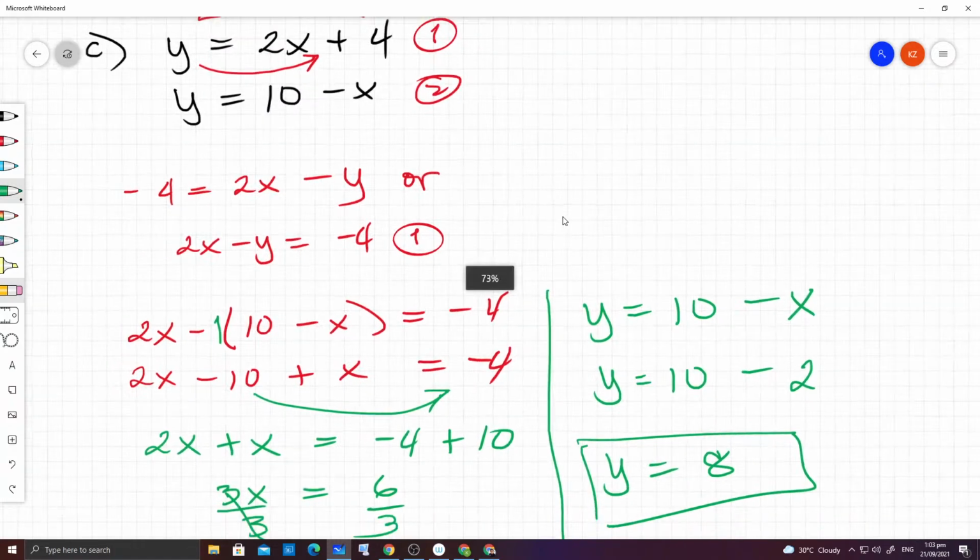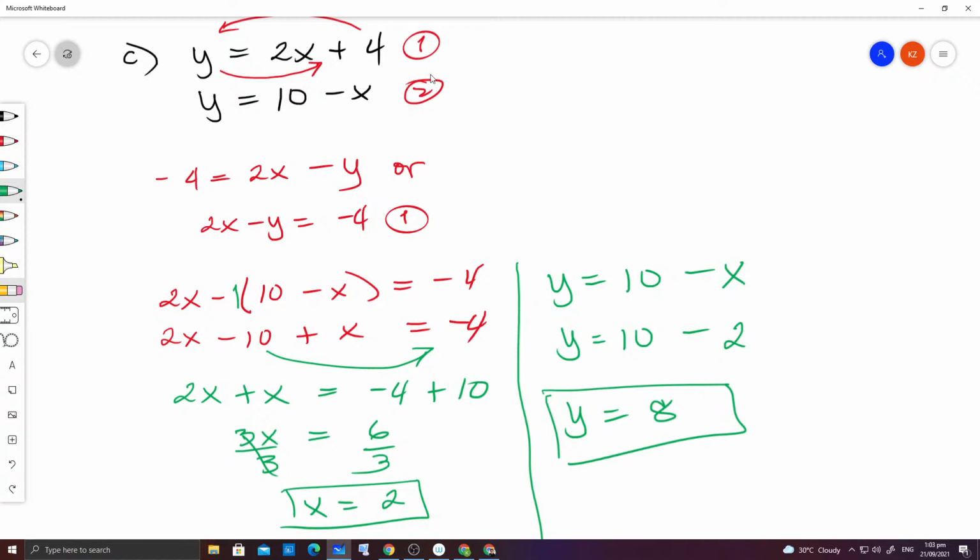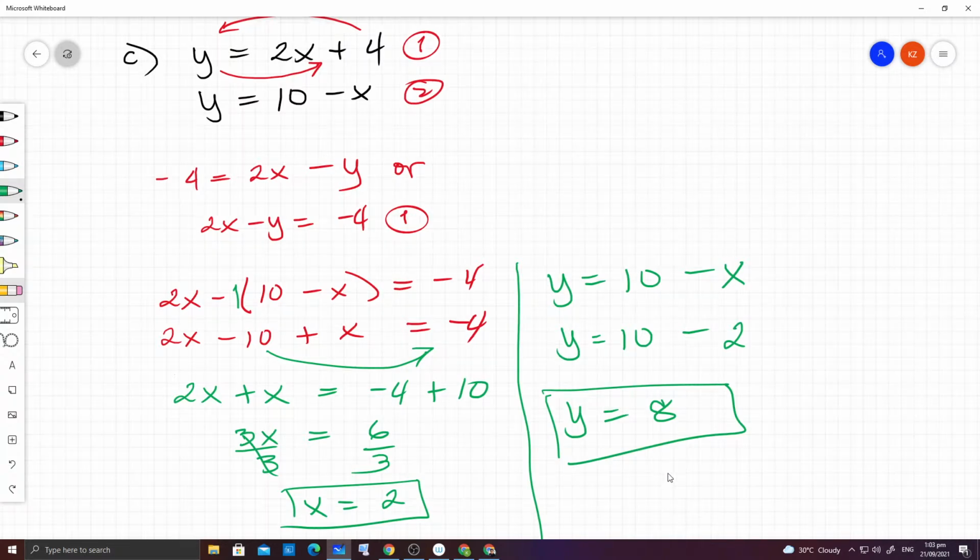If you look at equation 1, the original one, y is 8, right? And our value of x is 2. 2 times 2 is 4, plus 4 is 8. And again, y is 8, so 10 minus 2 is 8. Are we clear on that?